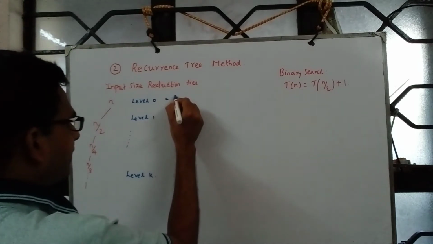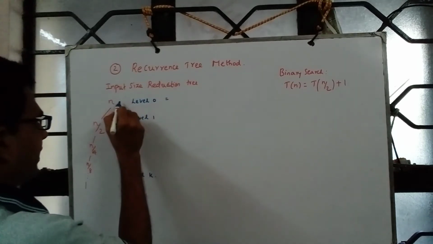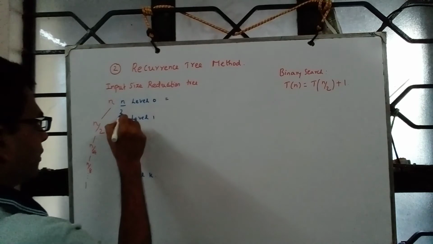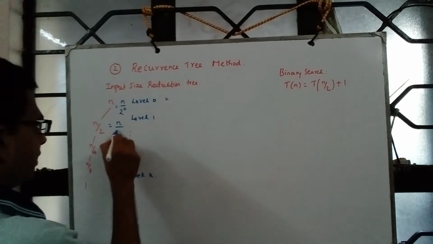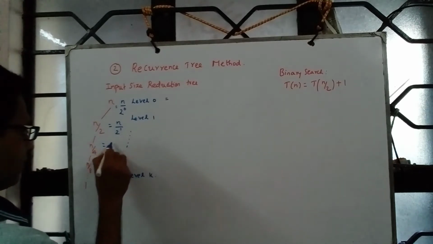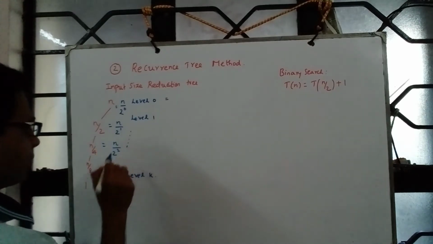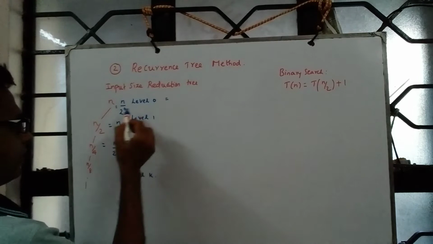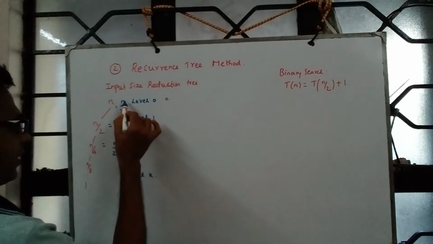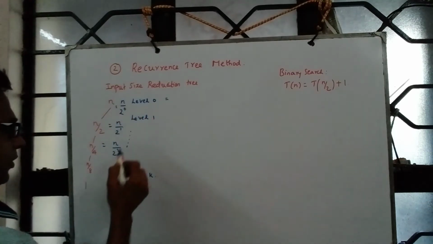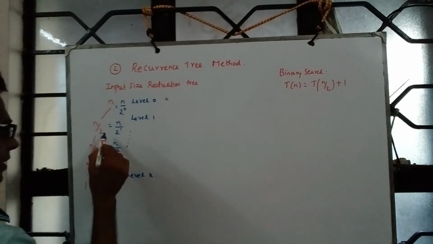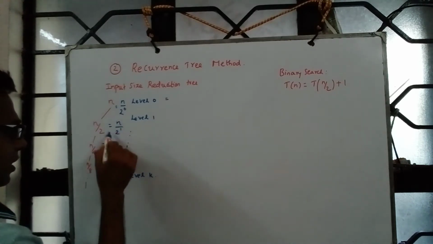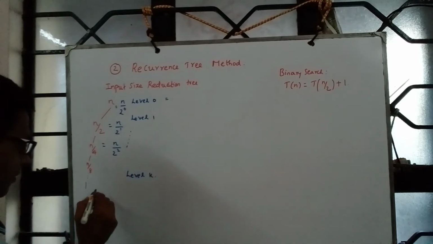This you can see as n by 2 power 0. This one is n by 2 power 1. This one is n by 2 square, which means at level 0 you are working with n by 2 power 0, a problem. At level 1 we are working with input size of this much and so on.